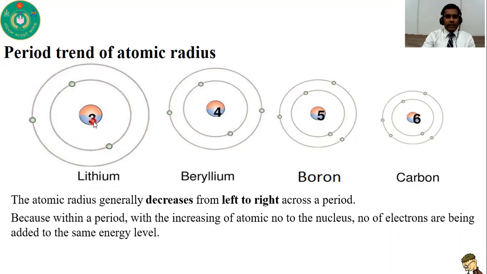you can see that here the atomic number is 3, in case of beryllium atomic number is 4, in case of boron atomic number 5, in case of carbon atomic number 6. So with the increase of atomic number, electron number also increases. Here atomic number is 3, that means there are 3 protons and 3 electrons.